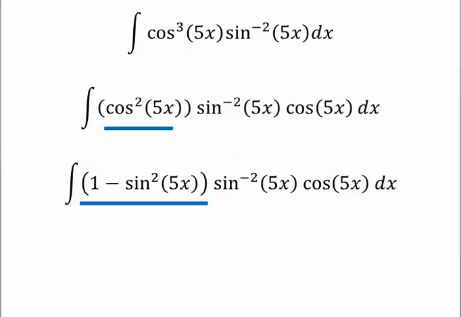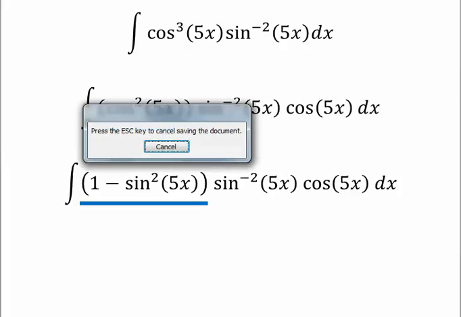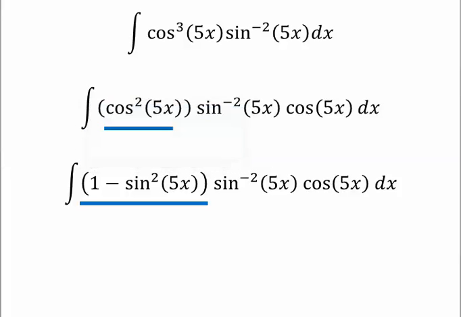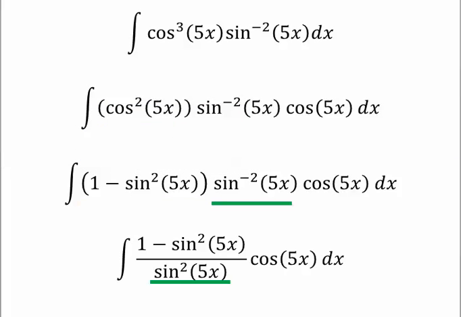And instead of our cosine squared, I now have 1 minus sine squared. Now the sine to the negative 2 of 5x, I'm going to put that in the denominator. That's more of a personal preference. You might handle it differently.